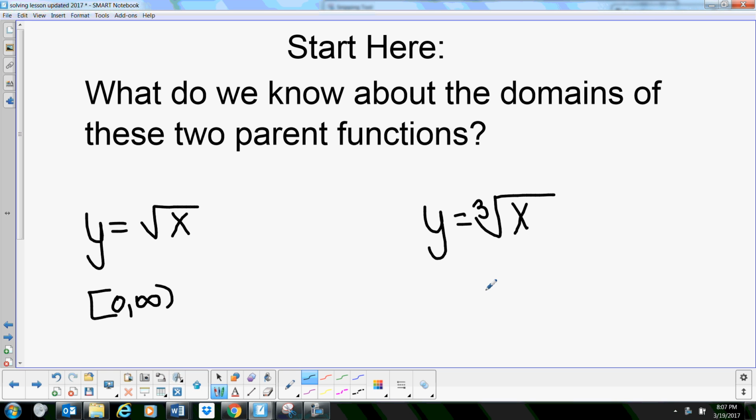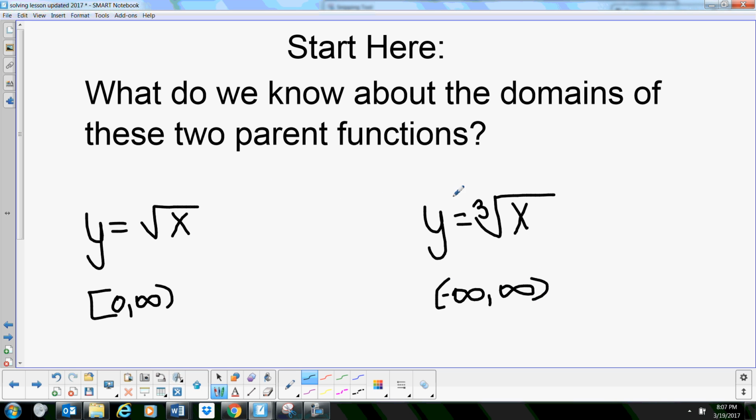Those are imaginary solutions. Okay, the second one, the cube root, we graphed these on Friday, and hopefully you remember, well, you can take the cube root of negatives, positives, or zeros. Therefore, the domain is from negative infinity to positive infinity. It has no restrictions on the domain.